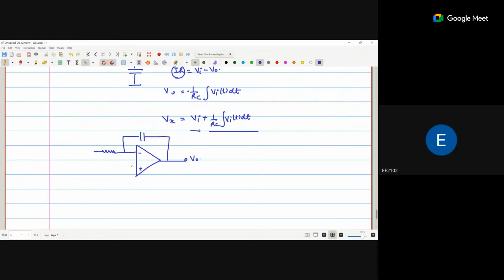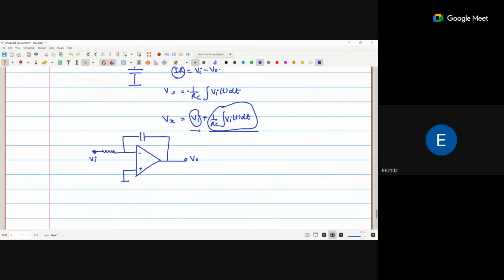This is the V naught, ground, this is the Vi. Okay, now we are getting this one, but we require one more voltage, that is the Vi.